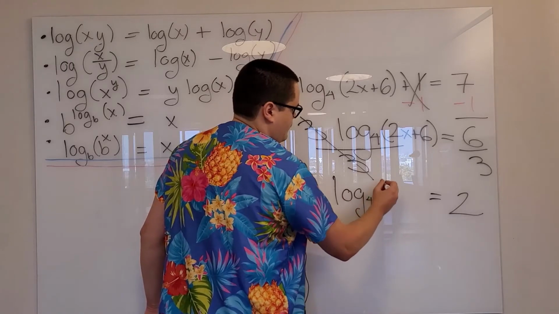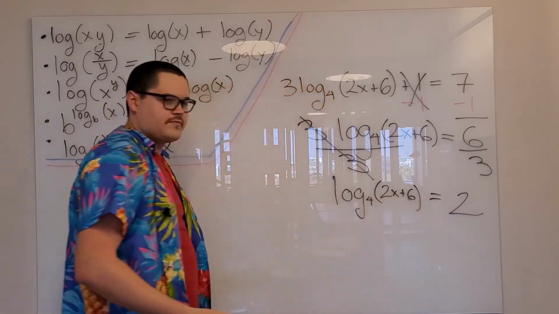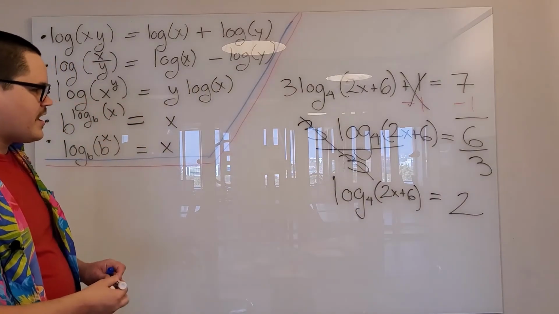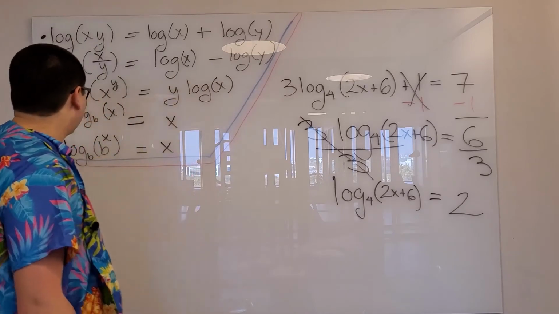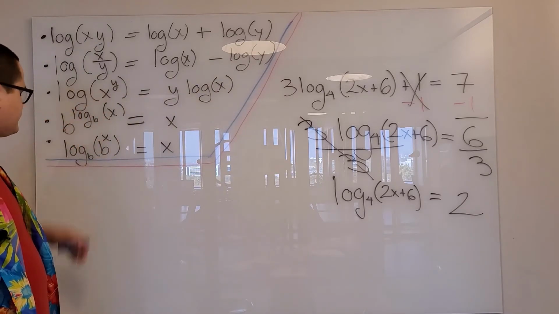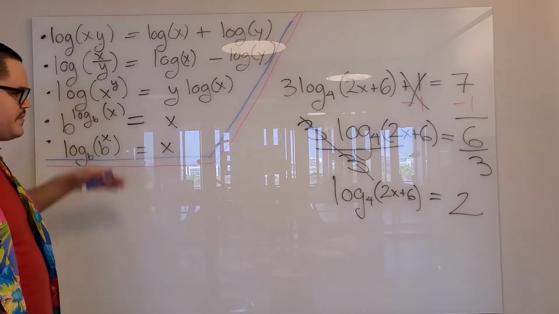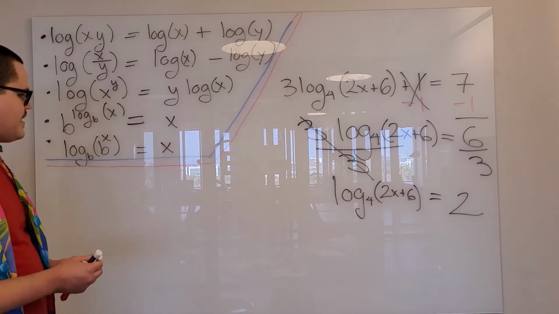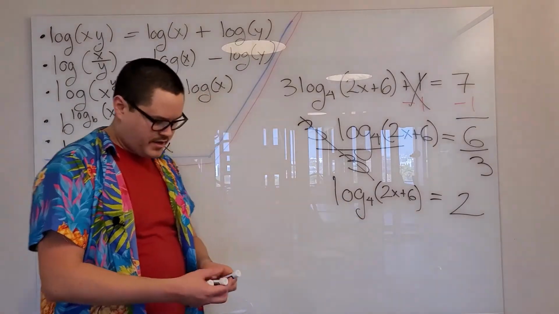We have log base 4 of (2x plus 6) equals 2. Okay, now how do we get rid of the logarithm? Well, we know that logs are inverse to exponentials. So I introduce an exponential. Now this is log base 4, so I want to introduce an exponent with base 4.